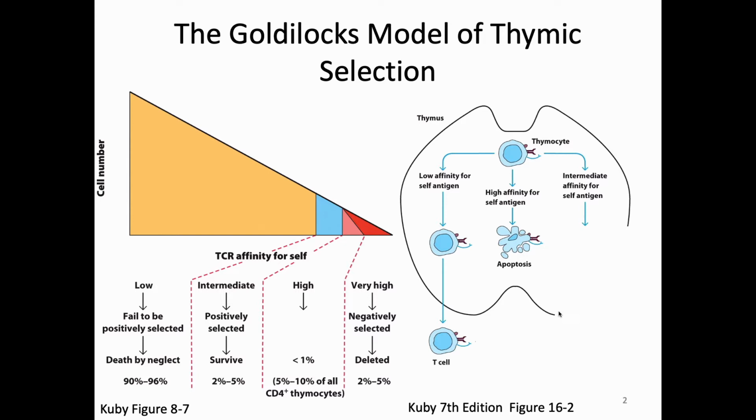We also discussed that this is a somewhat problematic scheme, because the only antigens available here to do this testing are self-antigens, which means that all of our T cells that leave the thymus had low affinity for self-antigen. So every T cell that leaves the thymus is sort of low-affinity self-reactive.